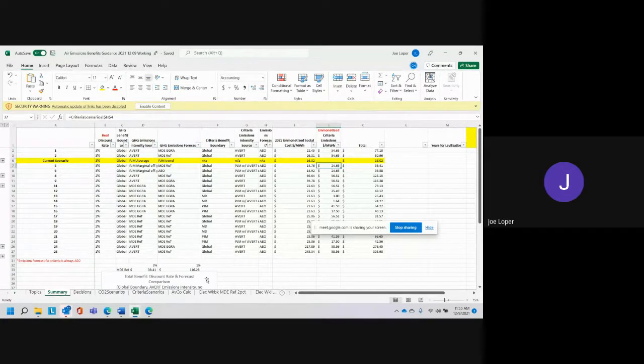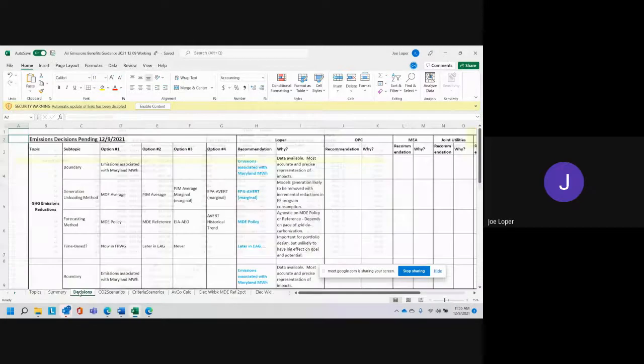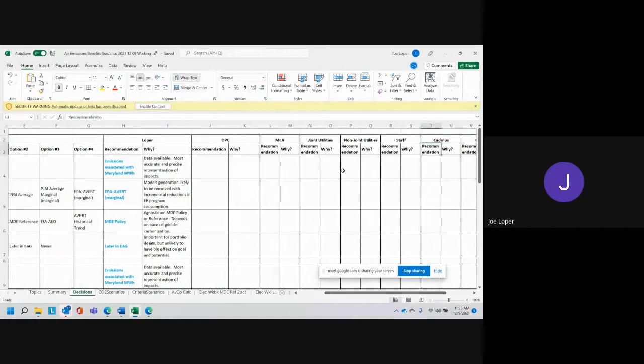So let's see. I just want to make sure I have the right one up here. Okay, so if you look in that spreadsheet I sent earlier, we were looking at the decisions tab. I don't know whether anyone is prepared to walk through and opine on these different topics, and we can fill in your numbers, and then, real time, Christine and I will pull the scenarios that align with your proposals.